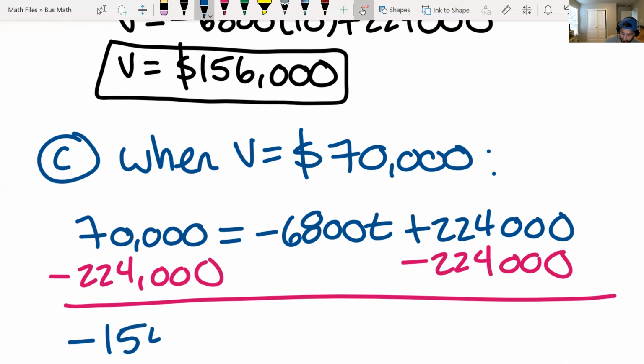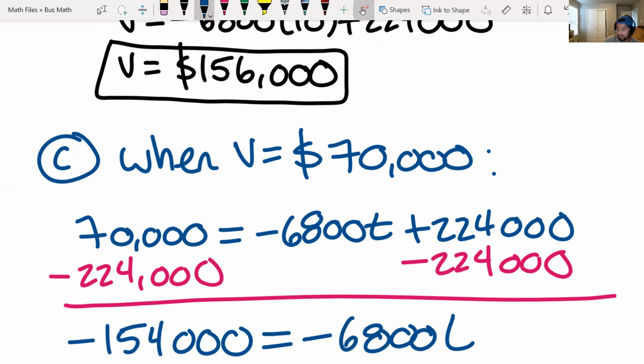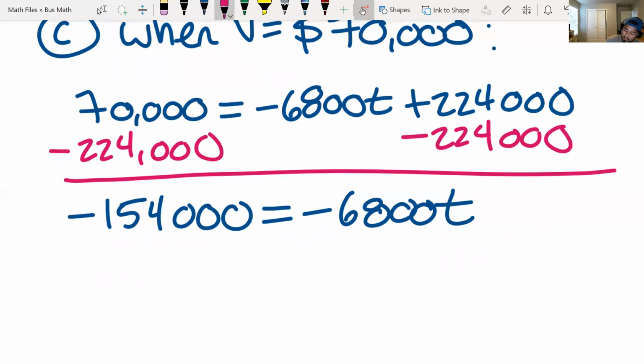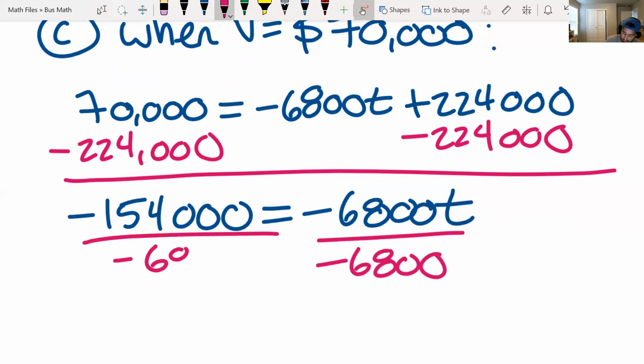Negative 154,000 equal to negative 6,800 T. Then divide by negative 6,800. Divide by negative 6,800. And I think we'll round up.